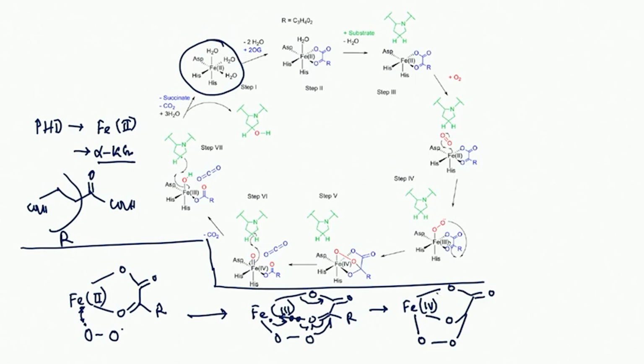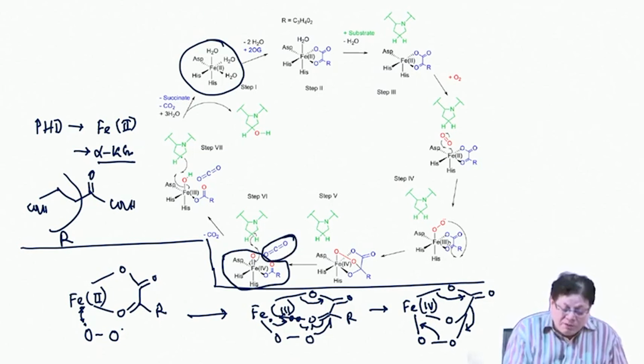Now, there will be release of carbon dioxide. So, this ferryle oxo is formed. What comes out is carbon dioxide.